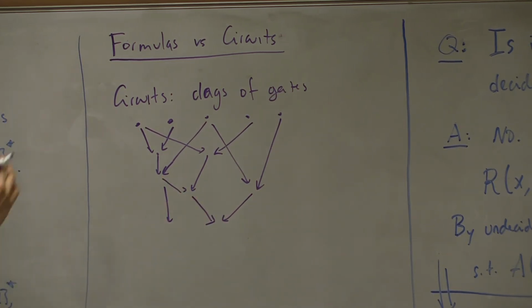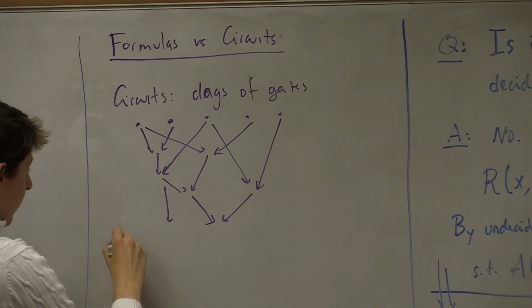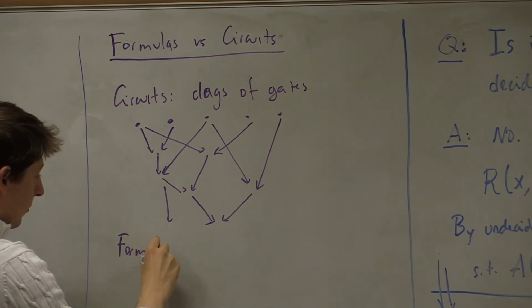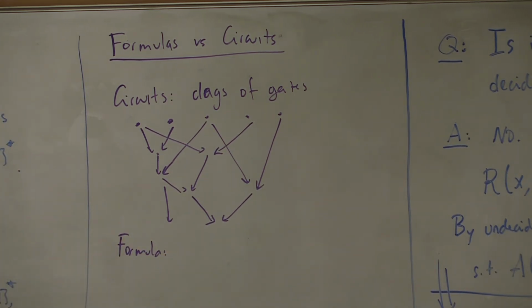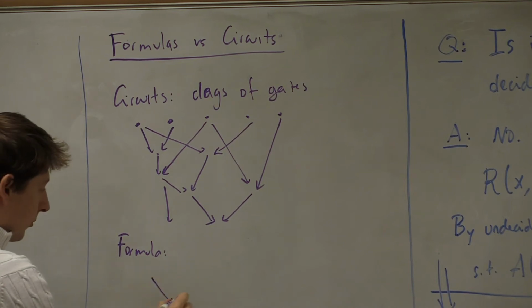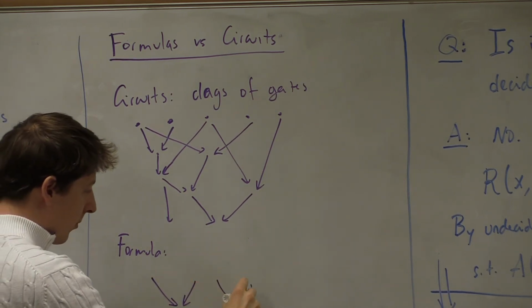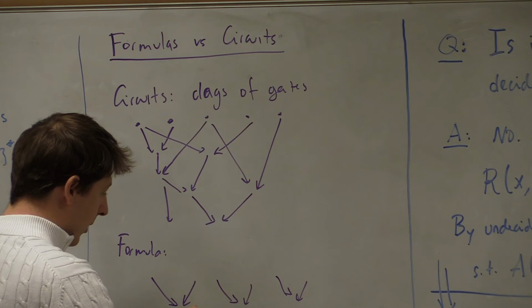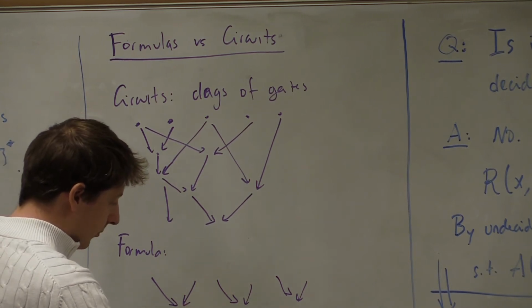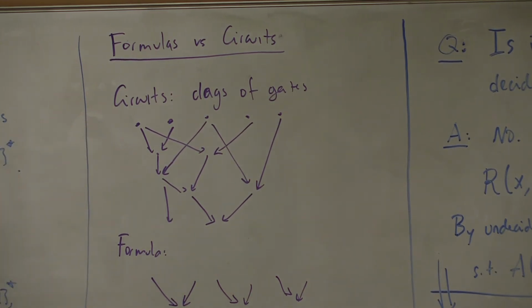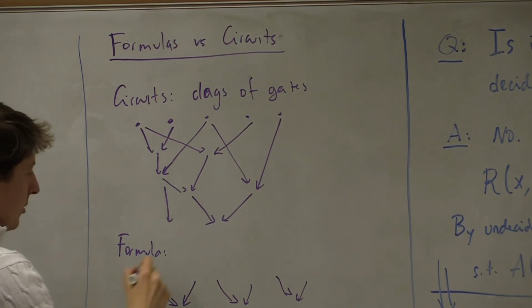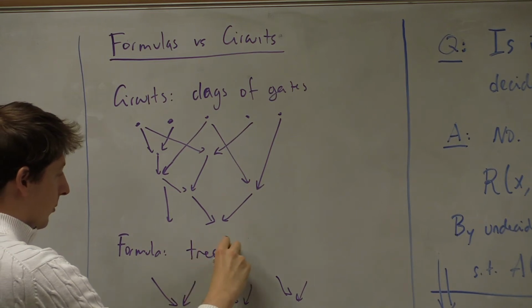Okay, so it's a directed acyclic graph of gates. A formula is a tree. Another way to view it is that you are not allowed to reuse subcomputations. Okay, so it's a tree of gates.